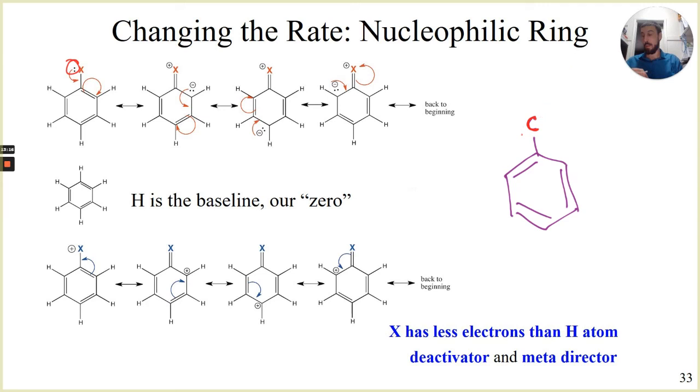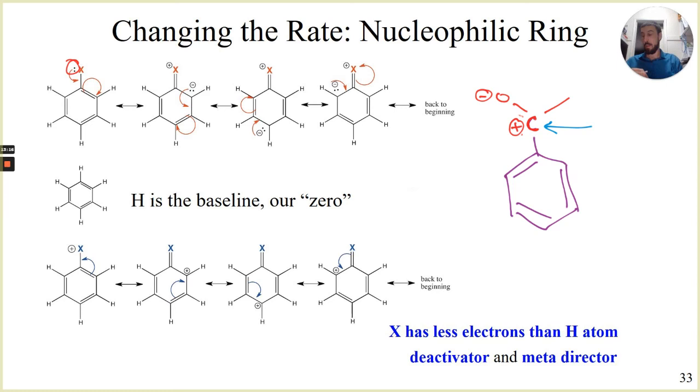What happens if I bring that carbonyl right next to it? Okay. Well, now, through the power of resonance, we can even see that we're dropping a positive charge on the atom next to the ring. That is very clearly a deactivator.